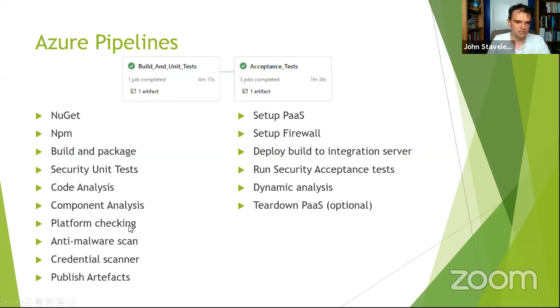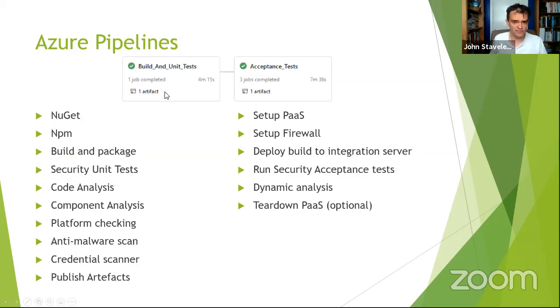There's a checker you can use to make sure those settings in the ARM template are the most secure possible. None of those will pick up whether any malware has been checked in as part of your code. Also, we need a credential scanner to make sure a developer hasn't accidentally checked in some admin passwords. We'll then publish the artifacts so they can be deployed to further environments.